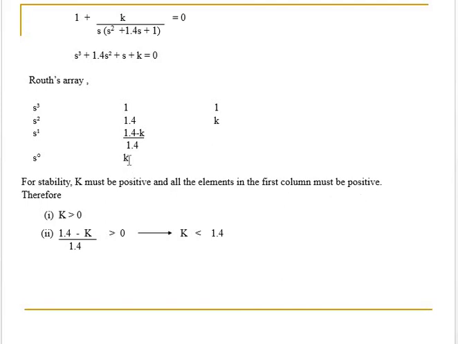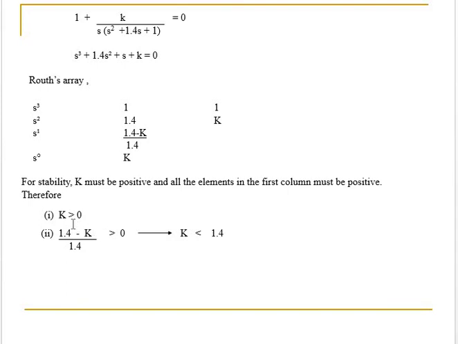It means K should be written the same, capital K. K should be more than 0, and then (1.4 minus K) over 1.4 should also be more than 0.